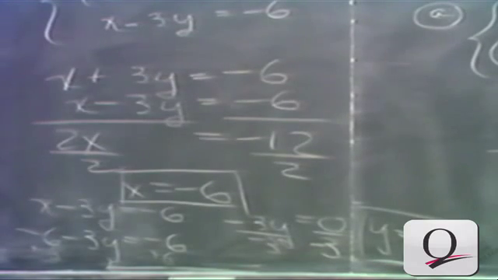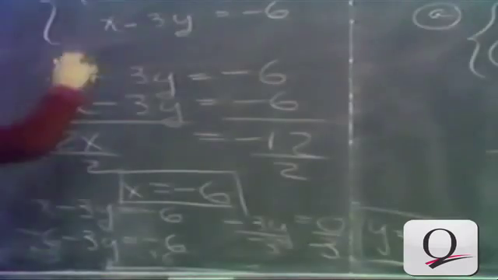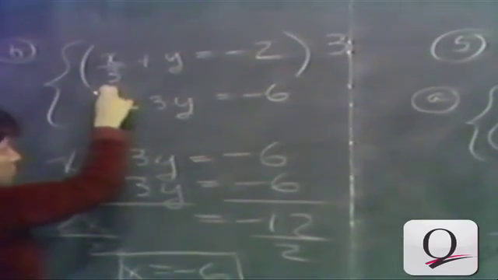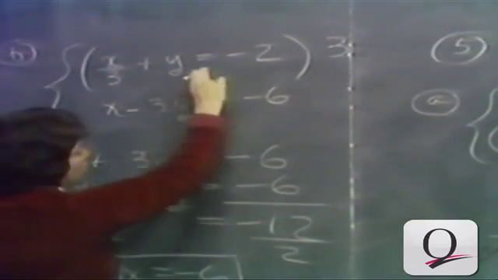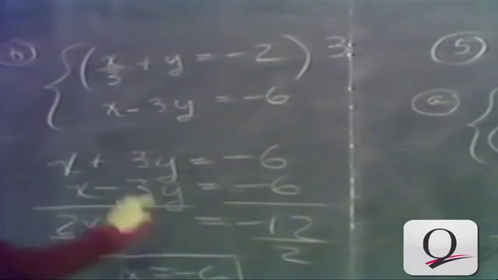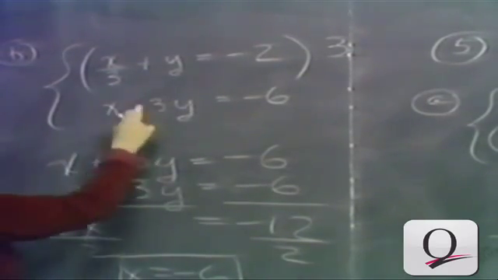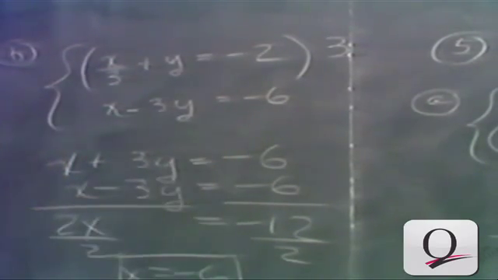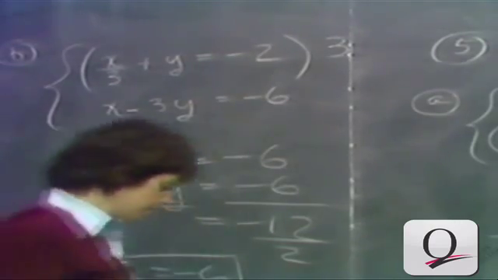Okay, now let's just check this in both equations. We have our solution minus 6, 0. So here, minus 6 over 3, that's minus 2, plus 0 is equal to minus 2. And here, minus 6 minus 0 is equal to minus 6, and it checks out.